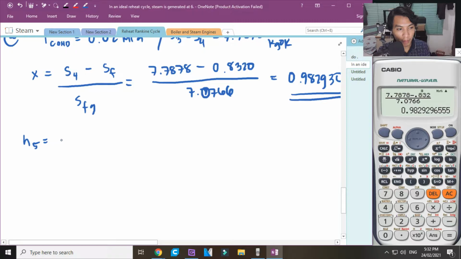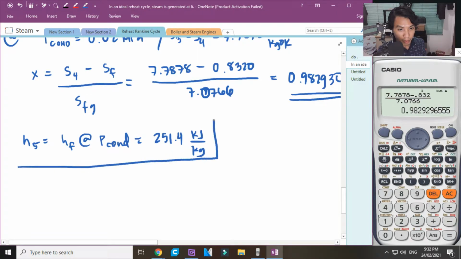H5 is equal to HF at Pcon. Si HF at Pcon, so 251.4 kilojoule per kilogram. Ano yung H5?